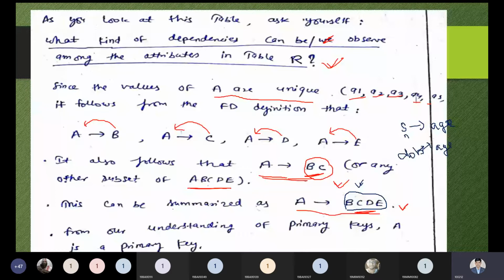Is there any other attribute which can make a combination like student name, comma, date of birth? Now we are taking the composition. The age is an attribute which depends on the composition of SN as student number, student name, and date of birth.